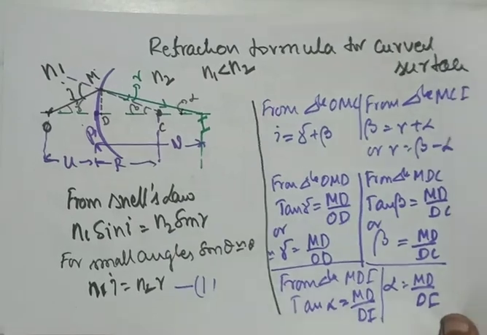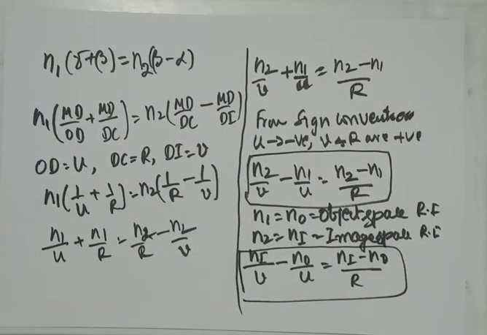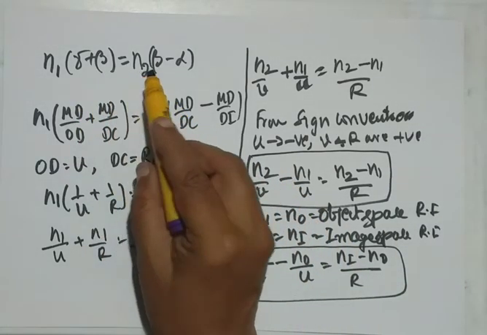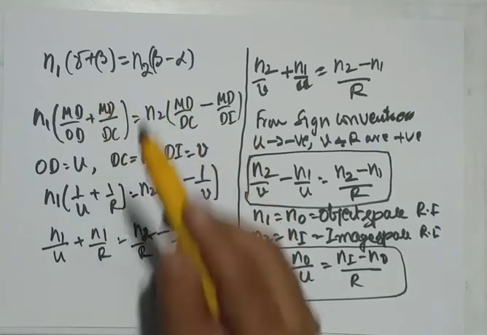Once we have written these things, we substitute I and R in the first equation, n1 I equals n2 R. So I is gamma plus beta, R is beta minus alpha. This is the equation.